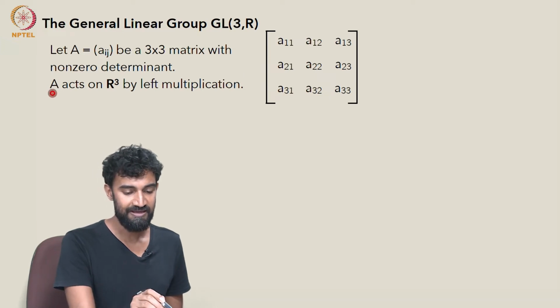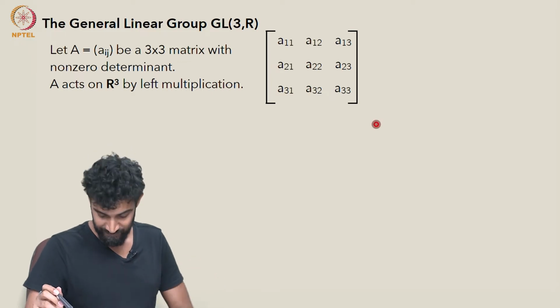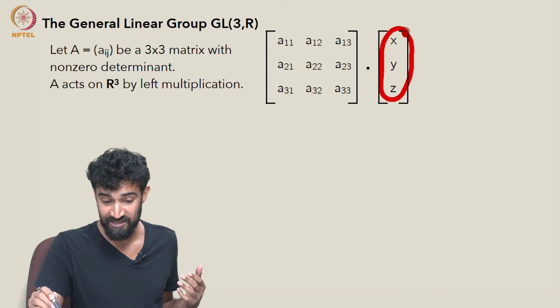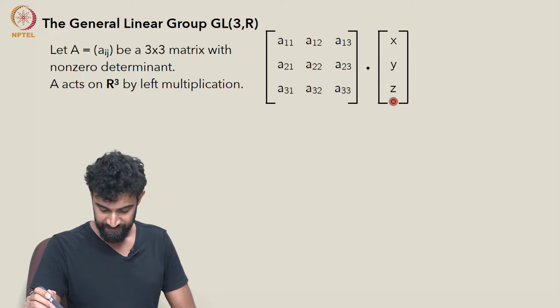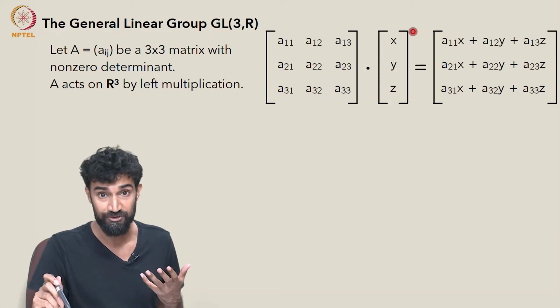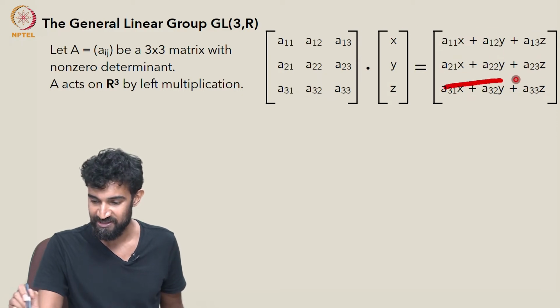This matrix A acts on R3 by left multiplication. We can take a vector xyz in R3, multiply it by this matrix on the left, and we get this new vector in R3. The x-coordinate is this, the y-coordinate is this, the z-coordinate is this.